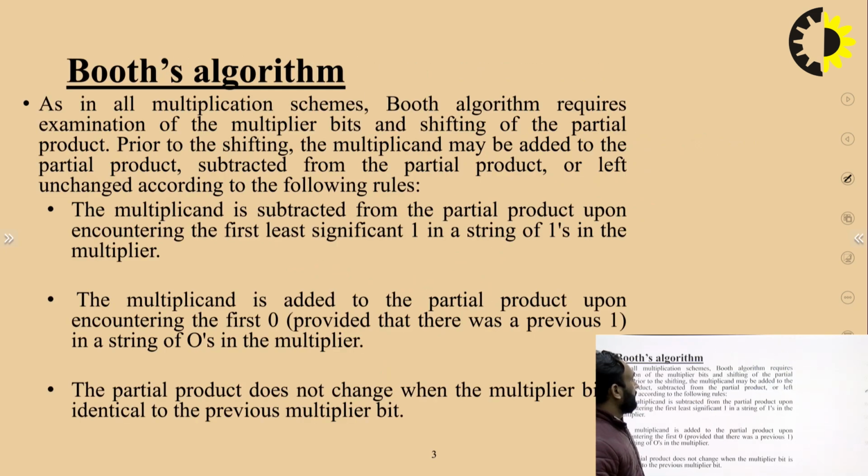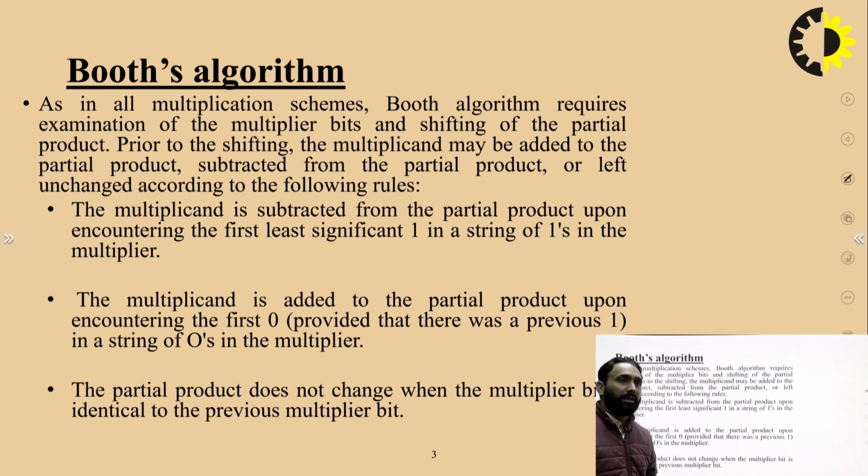This is a brief introduction, or some theoretical concept, about Booth algorithm. As in all multiplication schemes, Booth algorithm requires examination of multiplier bits and shifting of the partial product. Prior to the shifting, the multiplicand may be added to the partial product.